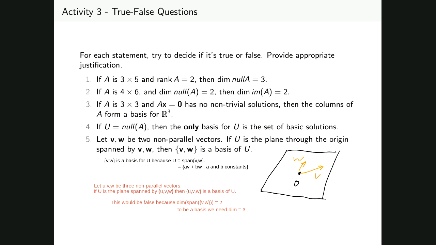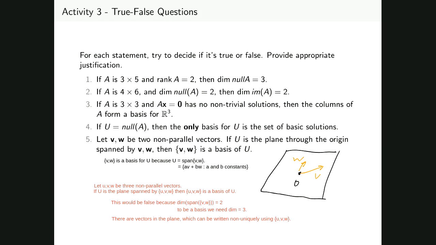Another way to say this is there are going to be vectors in the plane which can be written non-uniquely using U, V, and W. Oops, sorry.